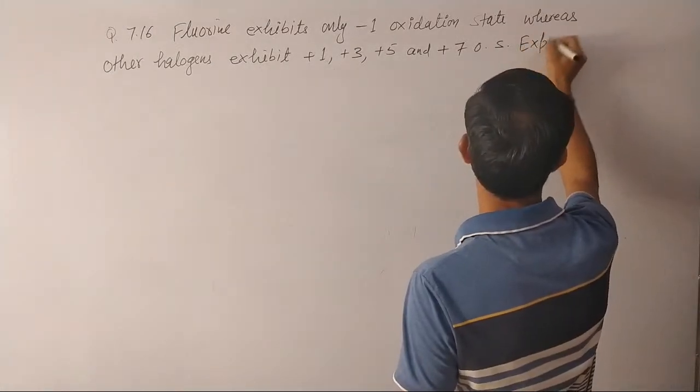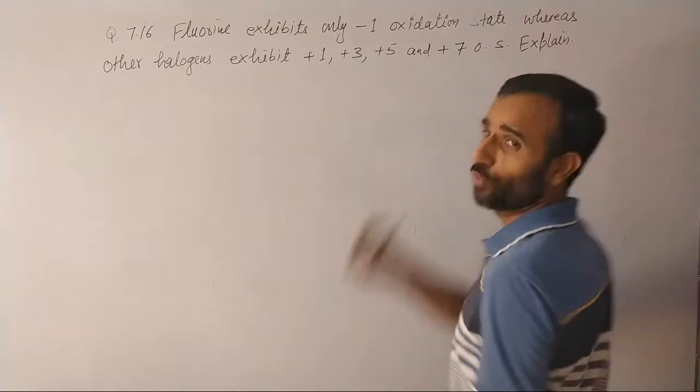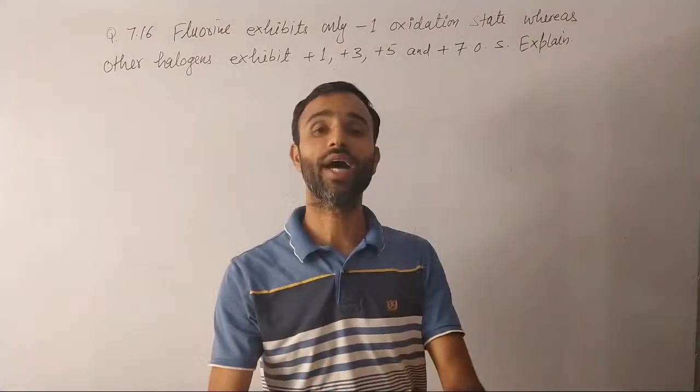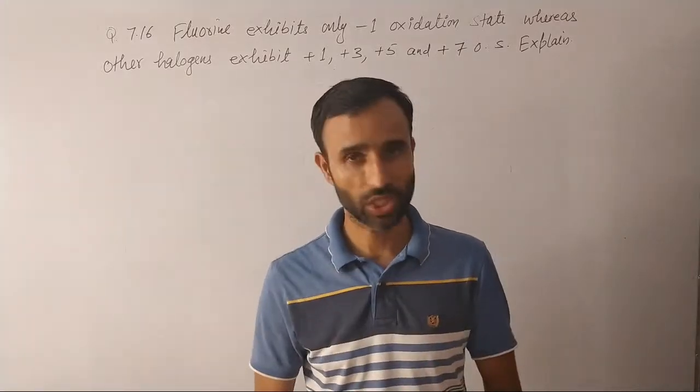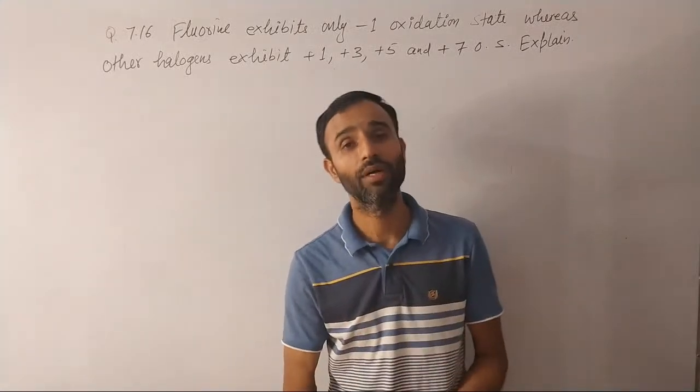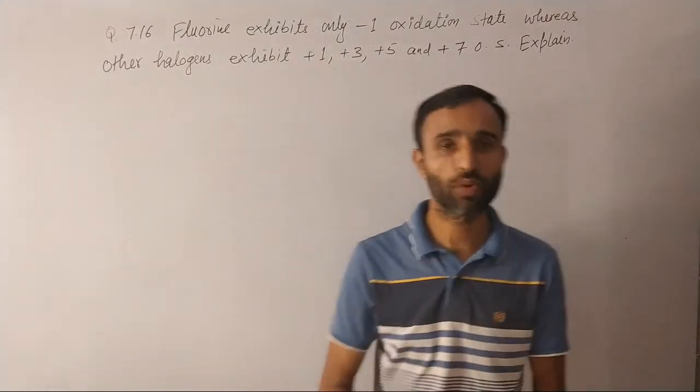Explain. Very simple question. We have discussed it already. Fluorine has only -1 oxidation state, but the rest of the elements can exhibit +1, +3, +5, +7.